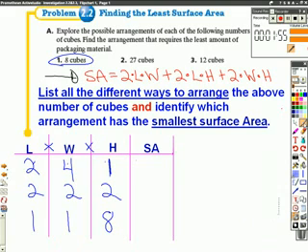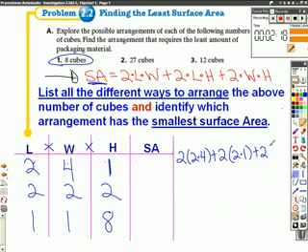So we're going to use the formula for surface area, 2LW plus 2LH plus 2WH, and we're just going to plug in. So 2 times LW is 2 times 4, plus 2 times LH, which is 2 times 1, plus 2 times WH, and that's 4 times 1.